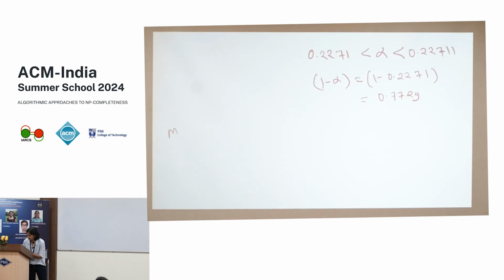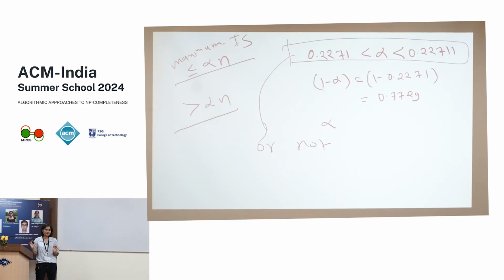Either the maximum independent set is at most alpha n, or it is greater than alpha n. I'll consider two options.